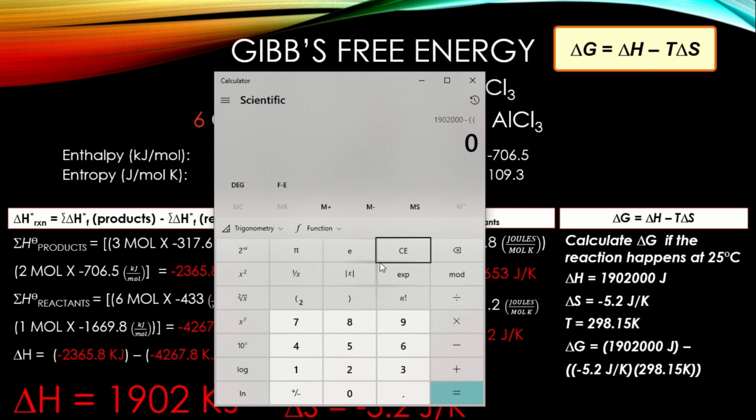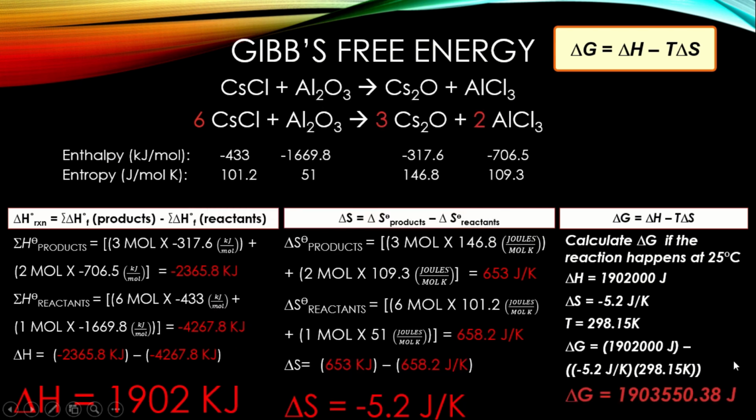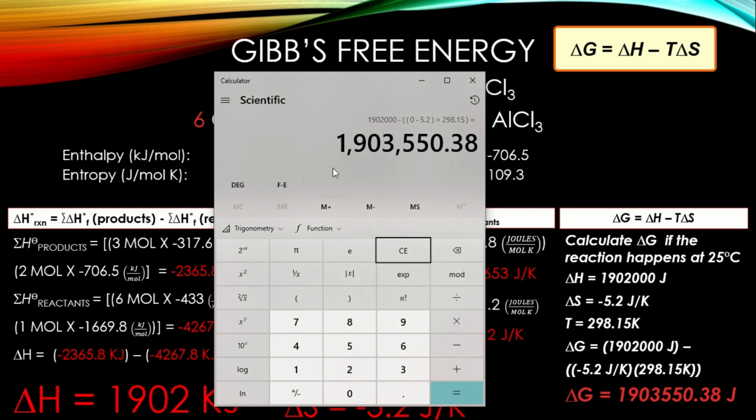So negative 5.2 times 298.15. So ang lalabas na value natin ay 1,903,550.38 joules. Bakit joules? Kasi ang unit natin dito ay joules over Kelvin.